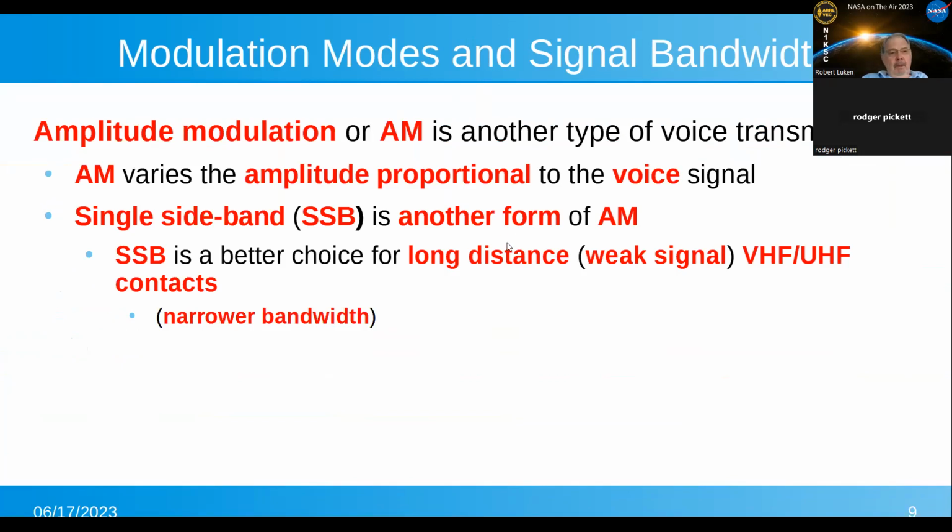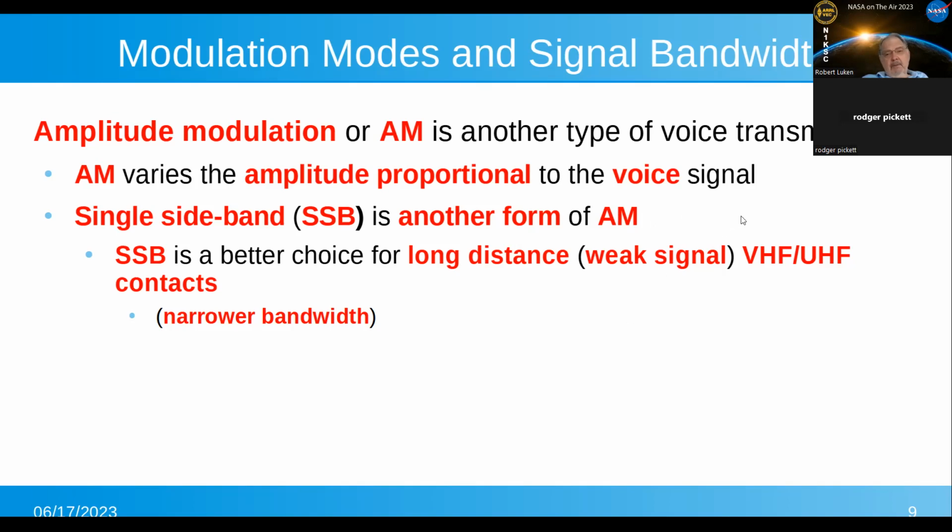Amplitude modulation. This varies the amplitude proportional to the voice. Now, there's a special form of AM called single sideband, where in order to decrease the bandwidth so you get more power concentrated in a smaller frequency range, they eliminate one of the sidebands and the carrier.